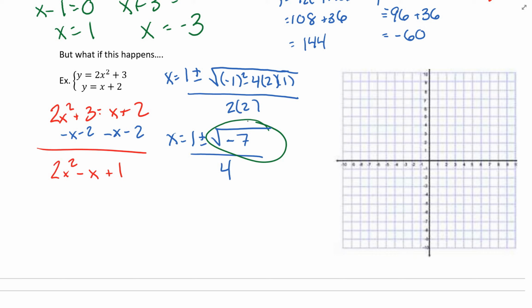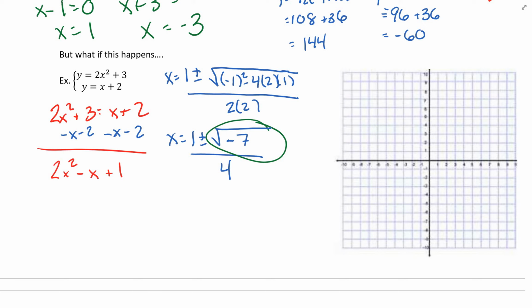So there is no way in the real number system to multiply to negative 7 by using one number and itself. That's why this is in the imaginary set of solutions. So there are things called imaginary numbers. We don't get to them in Math 1, but just know that this happens. You probably won't see it on the EOG or the EOC, but again, just be aware that it's out there.